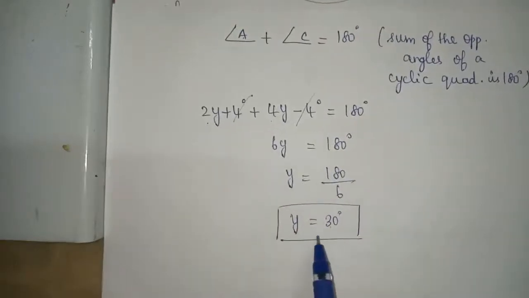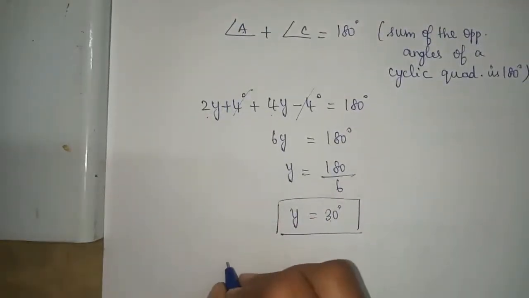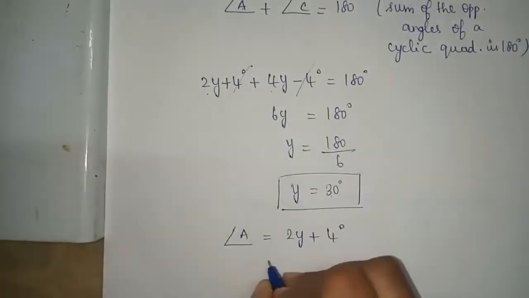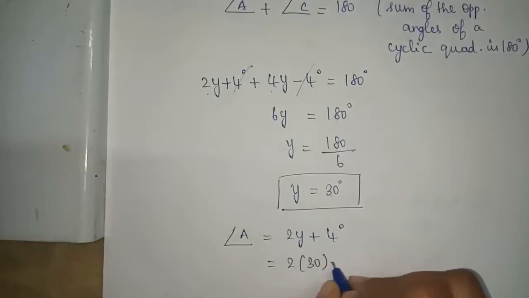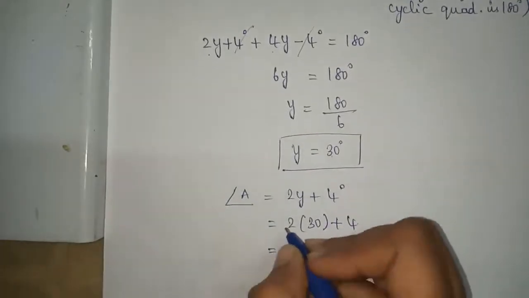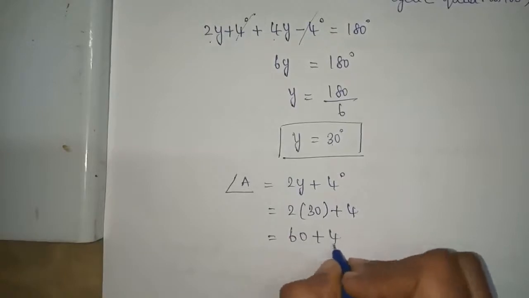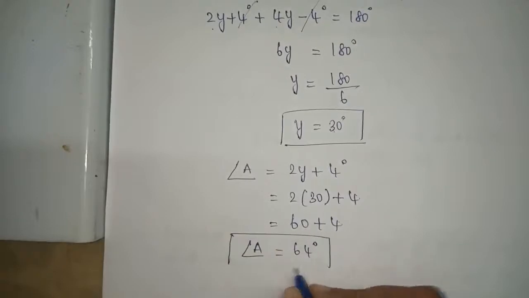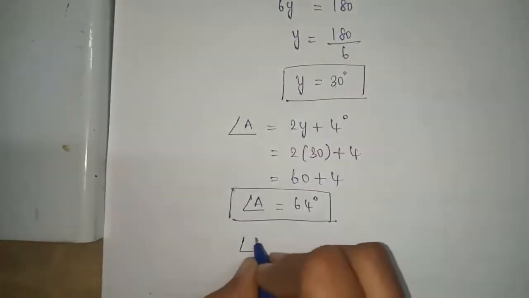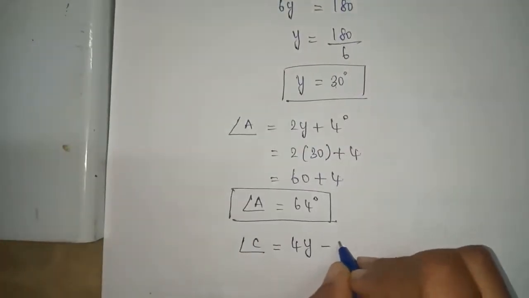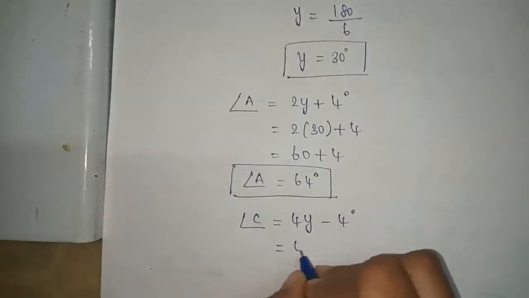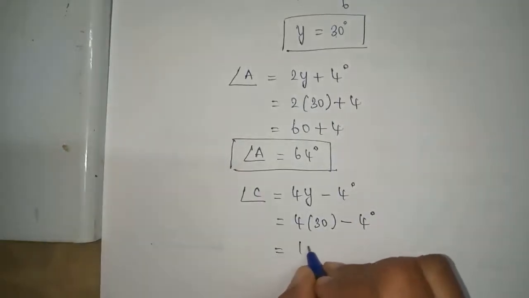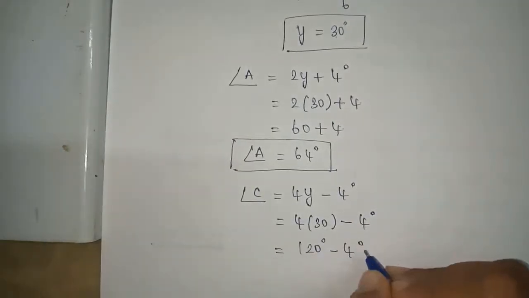Similarly, substitute the value of y in angle A. So angle A is equal to 2y plus 4 degrees, which is 2 into 30 plus 4, 2 threes are 60, so 60 plus 4, angle A is equal to 64. Similarly, angle C is equal to 4y minus 4 degrees, which is 4 into 30 minus 4, which is 120 degrees minus 4 degrees.